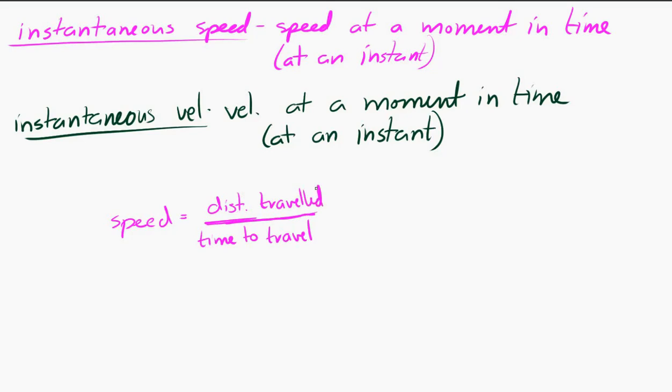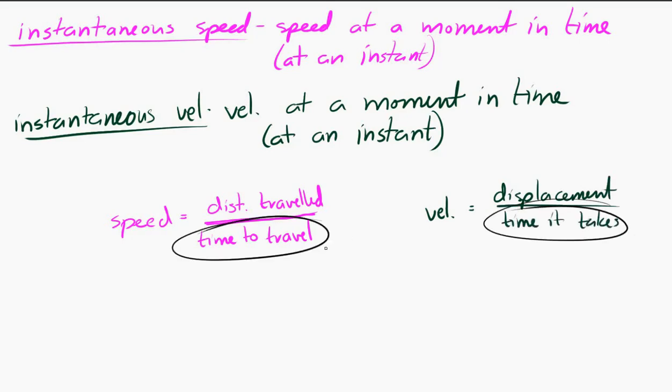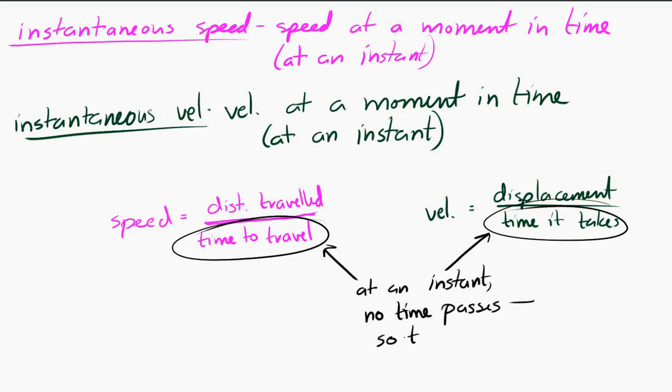Well, if we're looking at an instant in time, then no time passes. And these equations don't make much sense anymore, not algebraically, because during an instant, if 0 time passes, then in the denominator, we're going to have 0. That's how much time passed. That's how much time it takes in an instant.